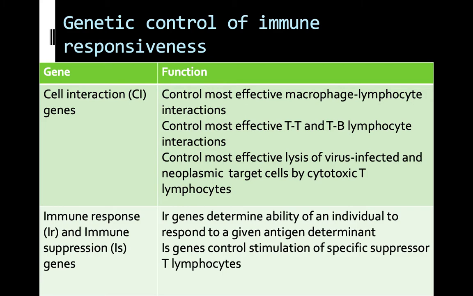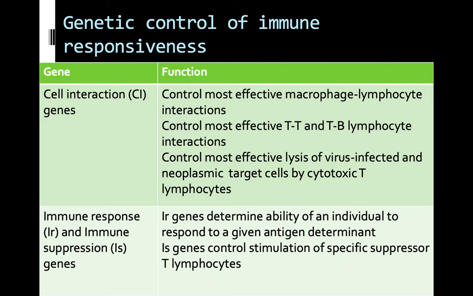For the case of cellular lysis, for natural killer cells and cytotoxic T cells, their activity is also determined by effector molecules that are coded by cell interaction genes.